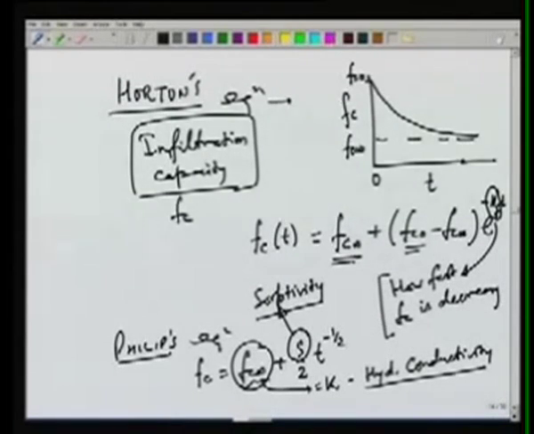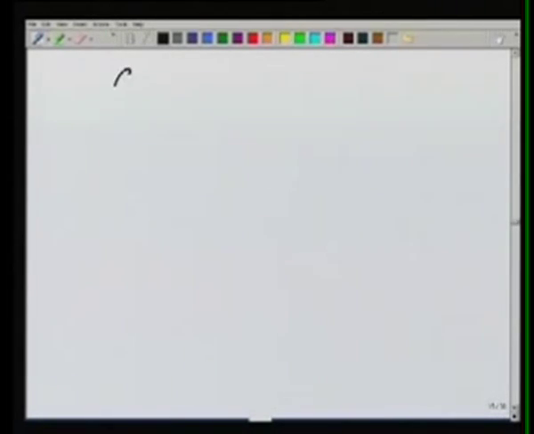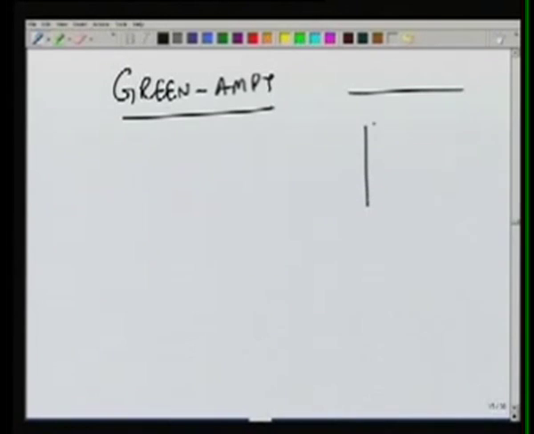For example, there is one model which is known as the Green-Ampt model, which assumes a plug flow. So the moisture profile below the ground, instead of being like this, is typically assumed to be in the form of a plug flow or a sharp interface like this.